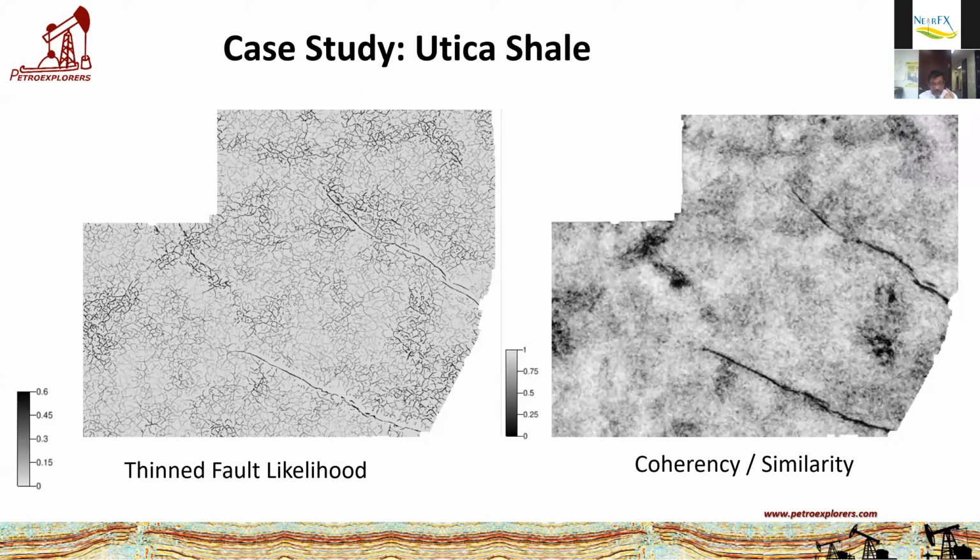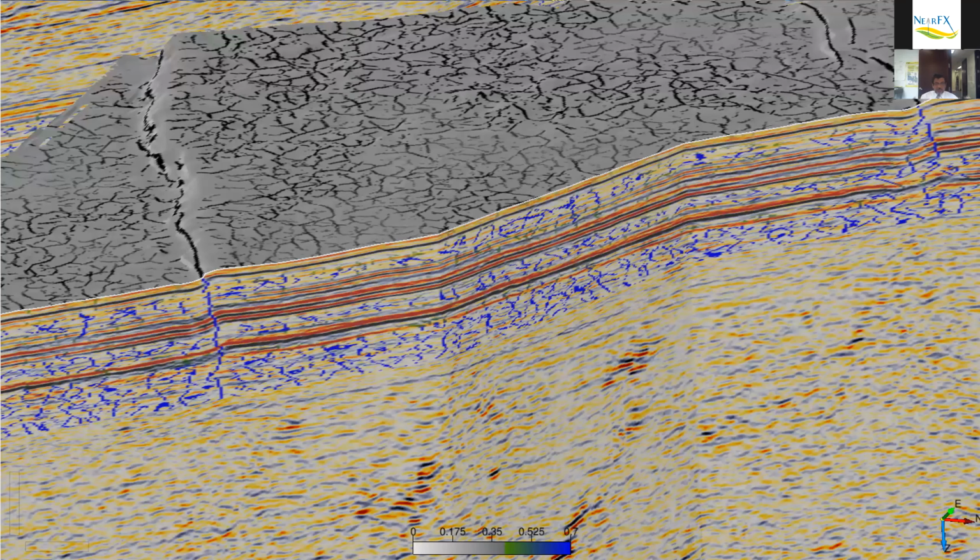We did a study in Montney, which I will show after. With Utica, when you look at it in 3D it is not that informative on a 2D plane, but once you start filtering it out, you start making sense of where the faults are oriented.